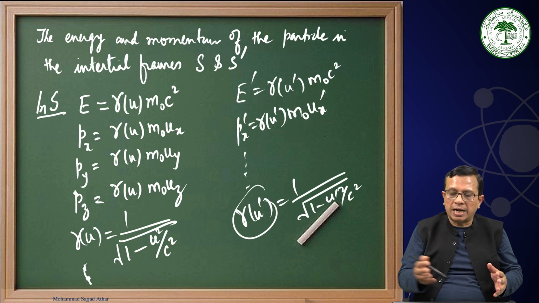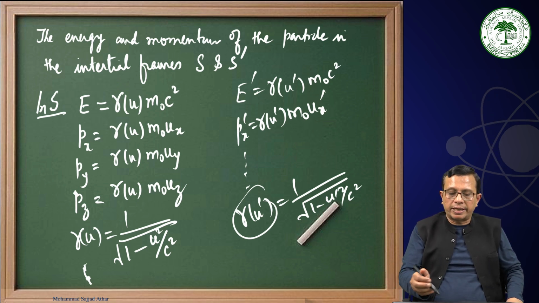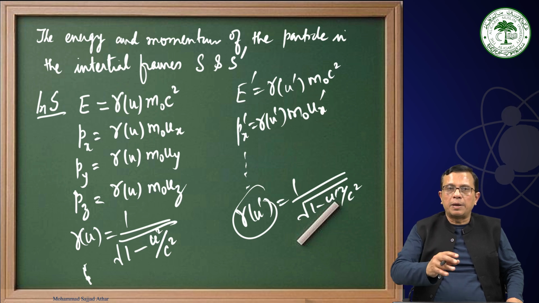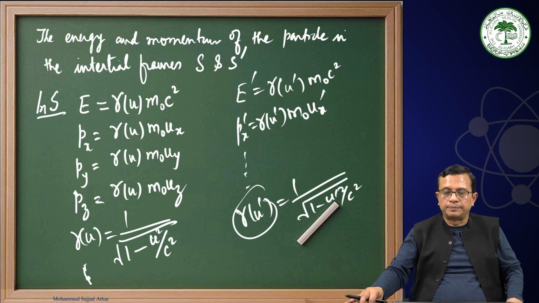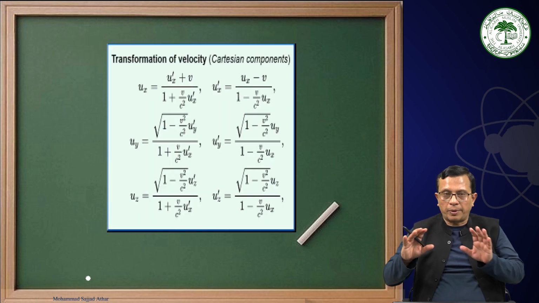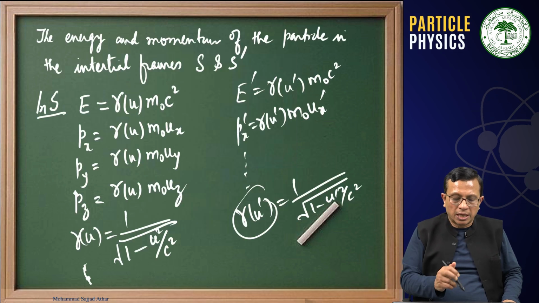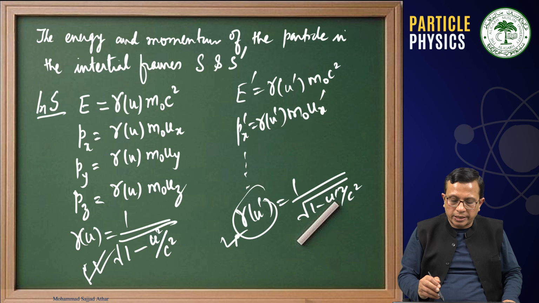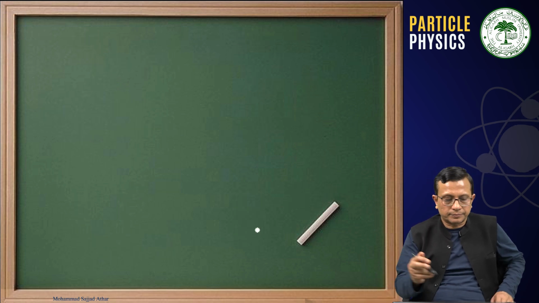If gamma u prime is in terms of gamma u, then directly you can see how E prime will be related to E, or how Px prime will be related to Px. And mind it, this velocity transformation, and gamma u and gamma u prime, are the important quantities to us.